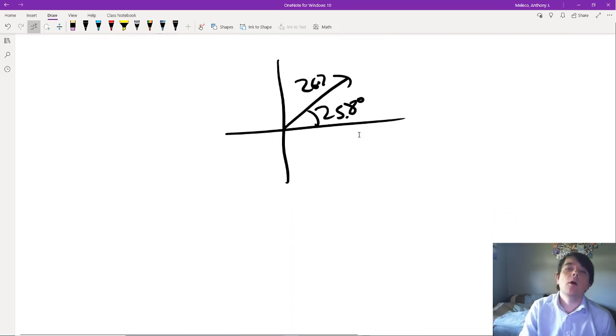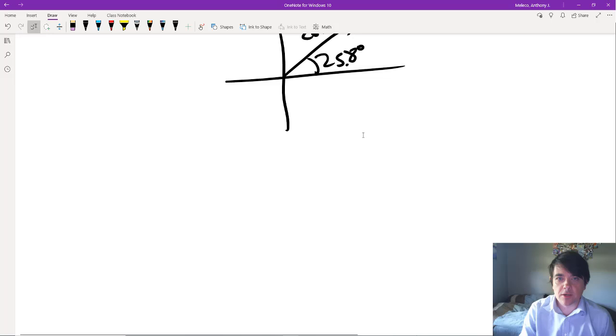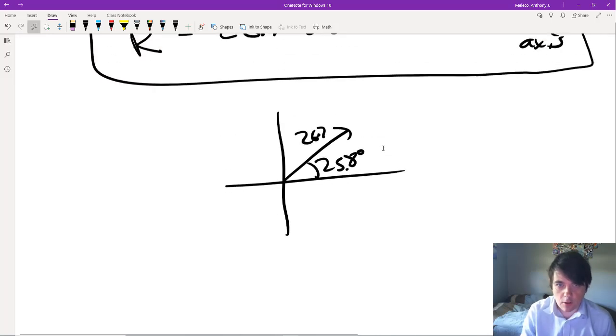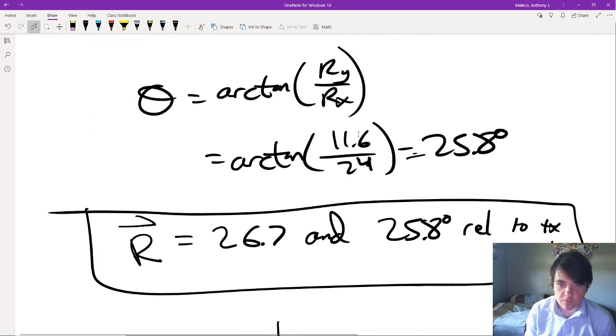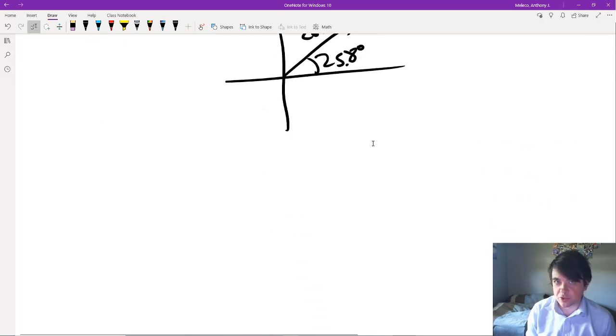I will mention there is an instance where arctangent doesn't work. I typically stray away from those problems, but you can see for us, we had an arctangent of 11.6 over 24.